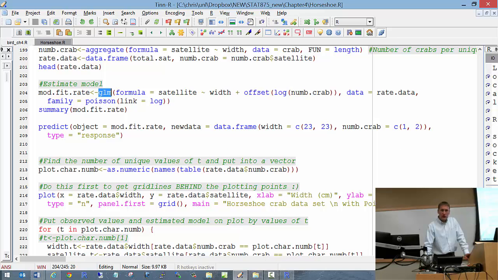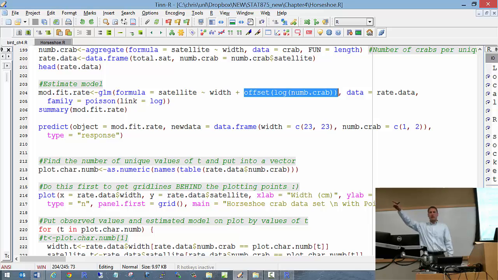So again, you use the GLM function. I'm going to say formula equal satellite tilde width. Nothing new there. And here's the new part. Offset. Remember, I'm going to have log of t on the right-hand side of my model. So I say offset log of the number of crabs. That offset's the key.